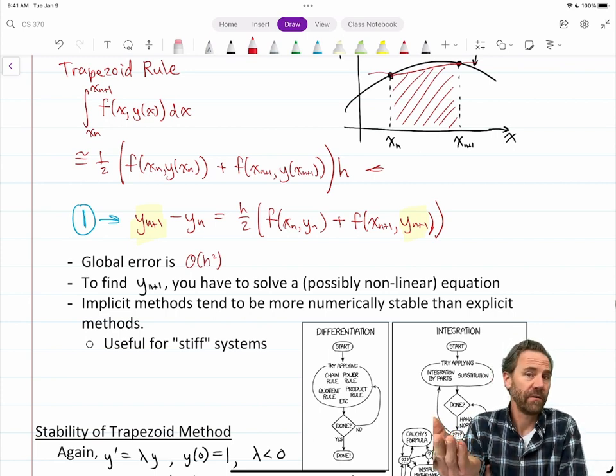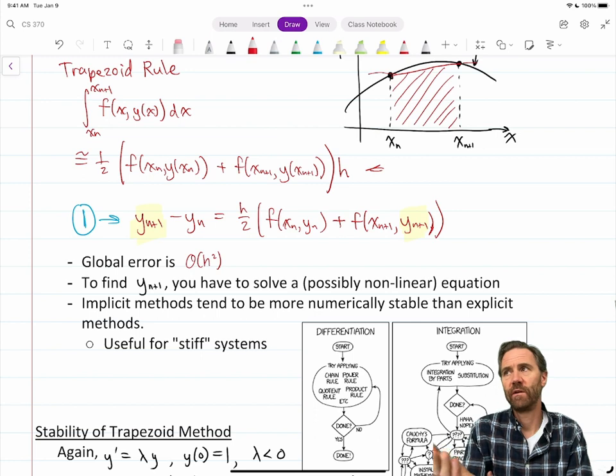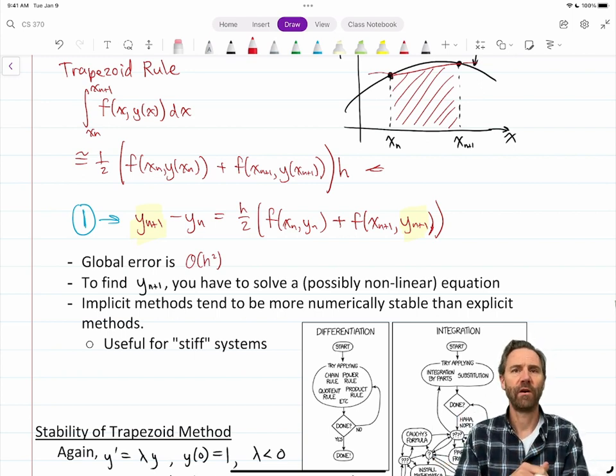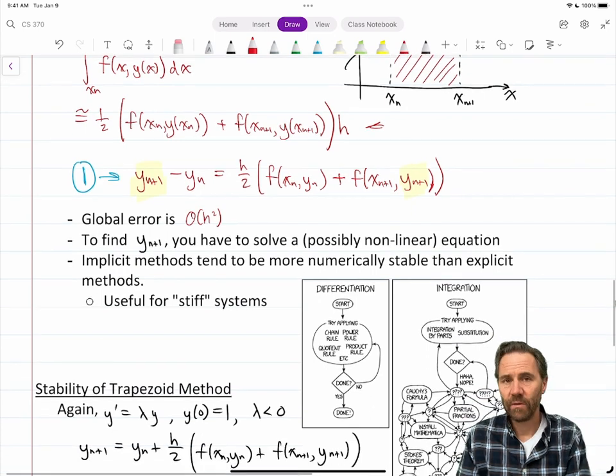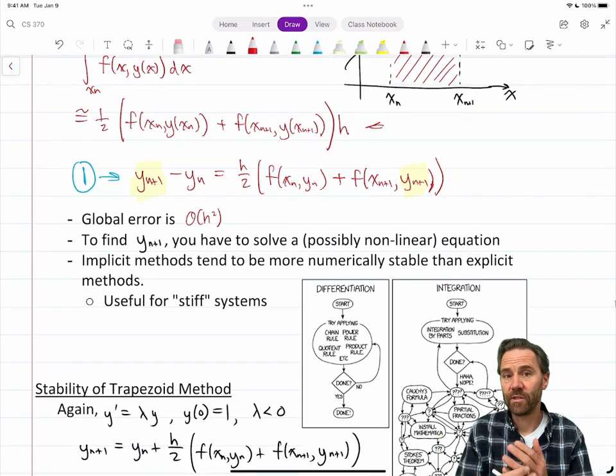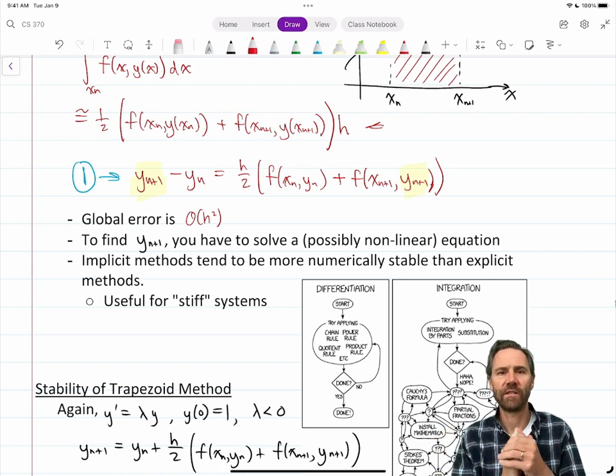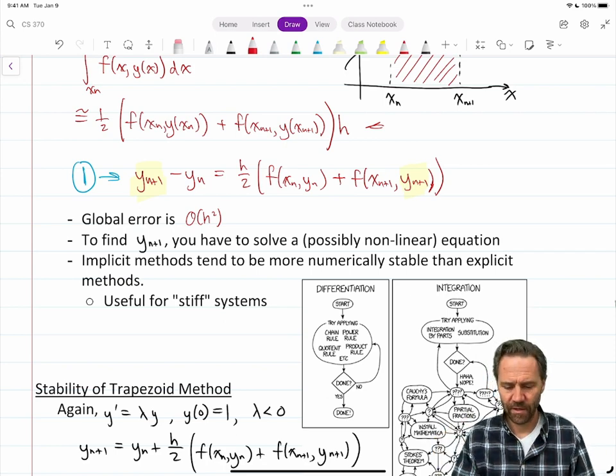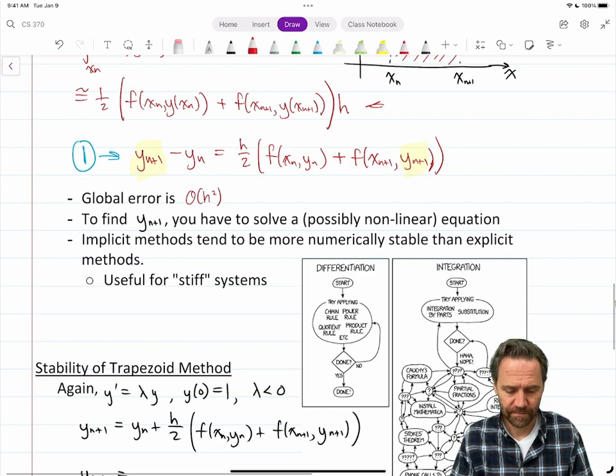It depends on what f is. If f is just a bunch of linear terms, then it's easy. If f involves cosines and logarithms and higher order exponents, it can be really hard. Maybe all you can hope for is a numerical solution. So you have to numerically find the root of that equation before you can take the next step in your numerical ODE solver.